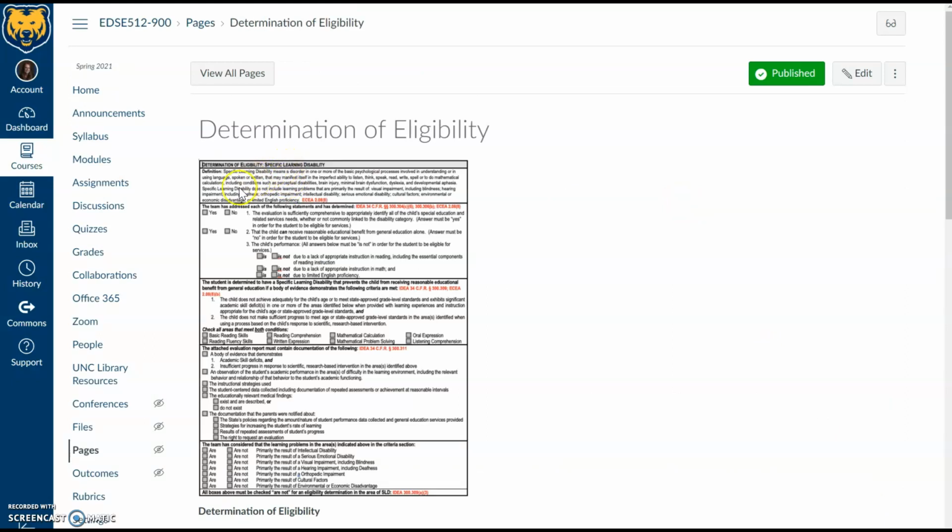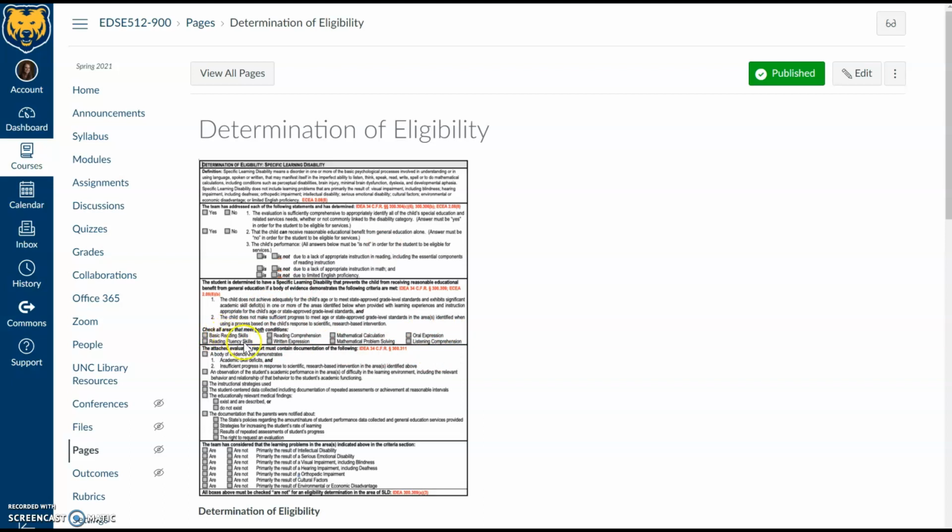And then the determination of eligibility, we need to confirm that the evaluation is comprehensive, that the child can or cannot benefit from general education alone. So if a child is eligible for special education, obviously we're going to say, no, the child cannot receive reasonable educational benefit from general education alone. We can be eligible for special education in many of these areas.